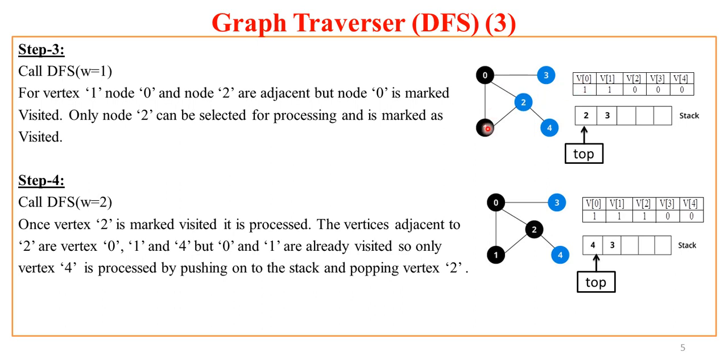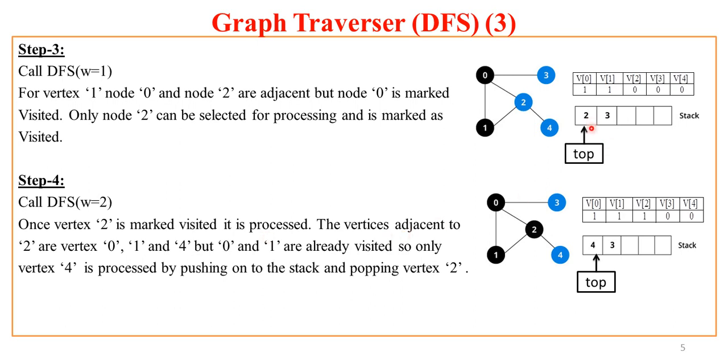The node adjacent to 1 is 2, which is not yet explored, so that is processed because 2 is already on the stack. So the next recursive DFS call is given with the adjacent node 2.